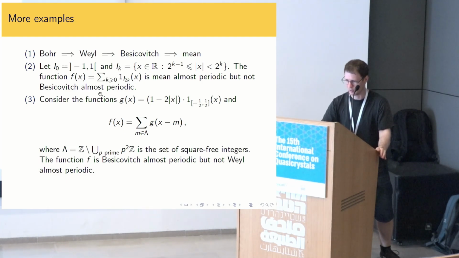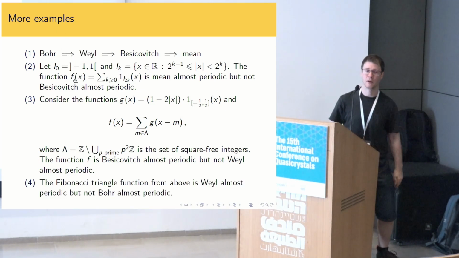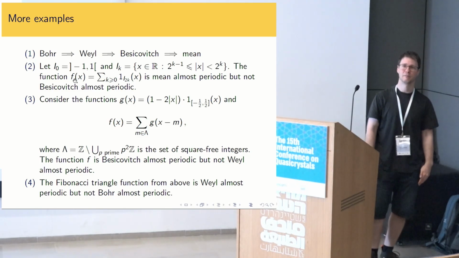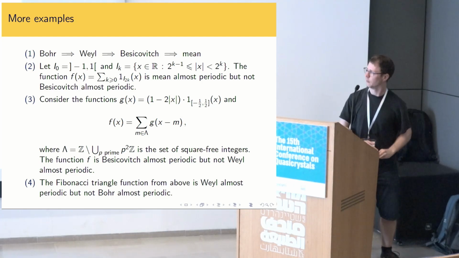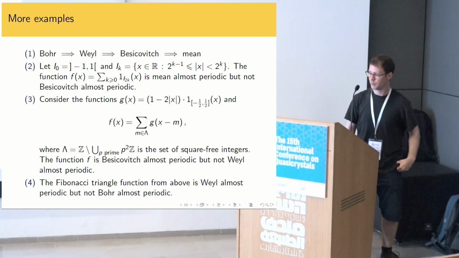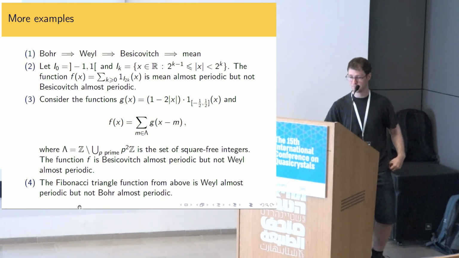Okay, and one last example, which is actually pretty easy. You already know it. Weyl, but not Bohr: the Fibonacci again. The one I showed you, with the triangles on the tiles. One can show this is Weyl almost periodic, but not Bohr.